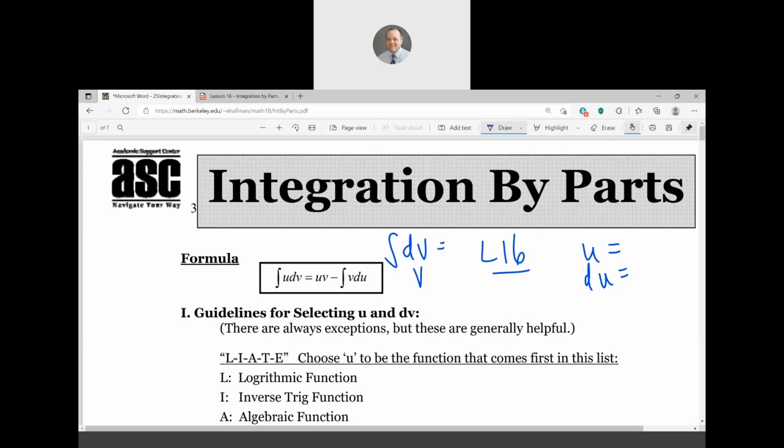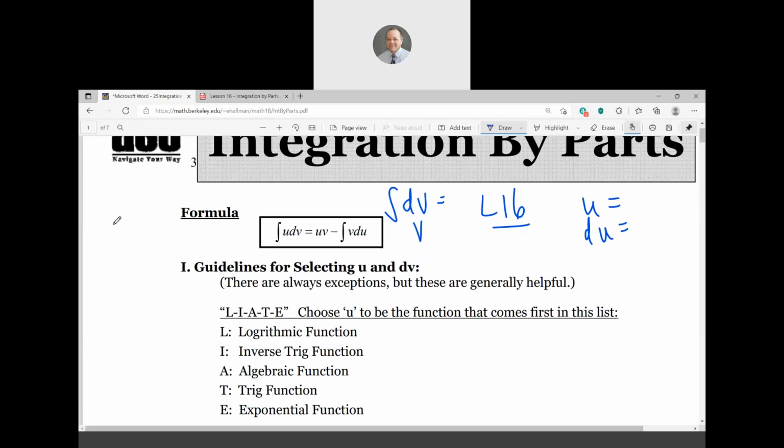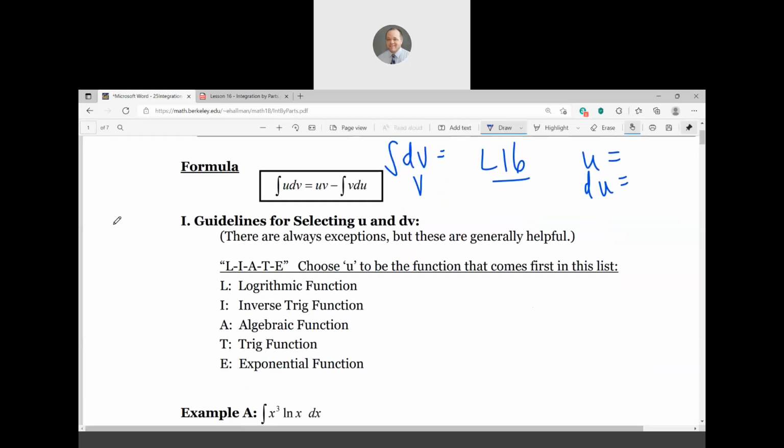Now I found this handy PDF off the internet. This is from Berkeley University, I think, from their Academic Support Center. And they offer some guidelines for selecting u and dv. It says here, choose u to be the function that comes first in this list. So if you have a logarithmic function, or natural log, then let that be your u.